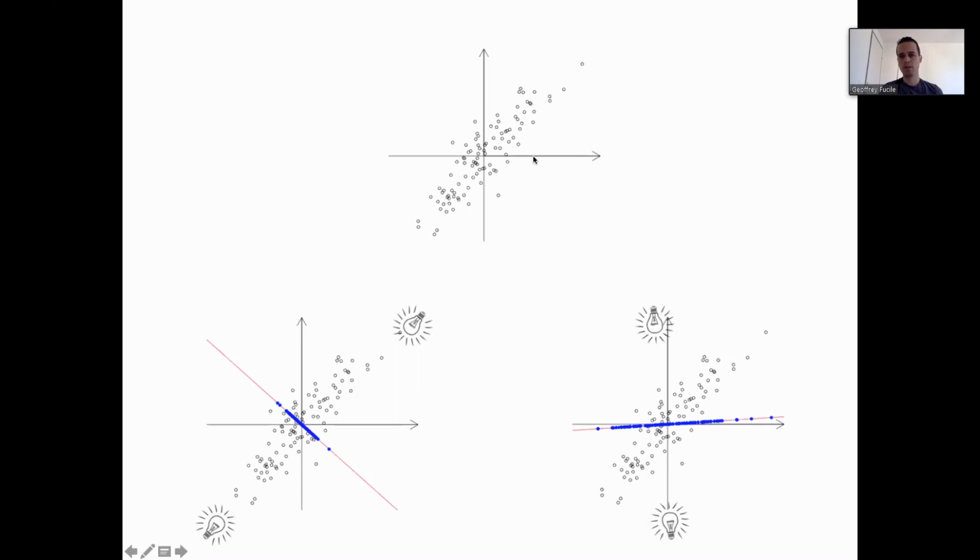So this is what the actual data set looks like. And we want to draw a new dimension that maximizes the variance. And as it turns out, if we draw a line this way through the data, we get actually quite a lot of variance from this line here, right, which is shown here in the blue.